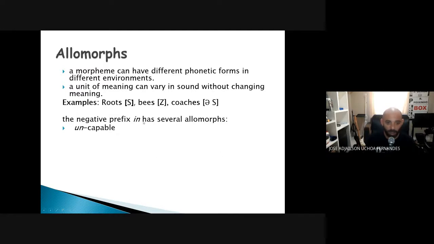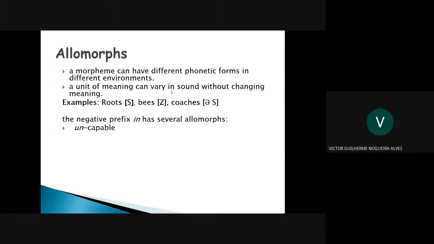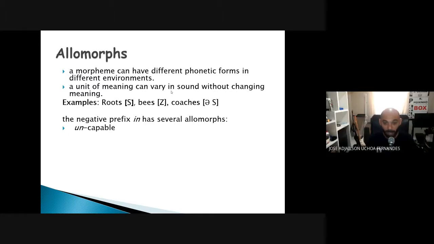So if you take the case of indiscreet and incapable, the prefix in and the prefix in, do you think they have the same or different roles? Do they have the same or different function in these words? They have the same function of producing a negative effect. So in this case, in and in are allomorphs. They are the same morpheme. They are the not morpheme, the morpheme that produces the idea of antonymy.